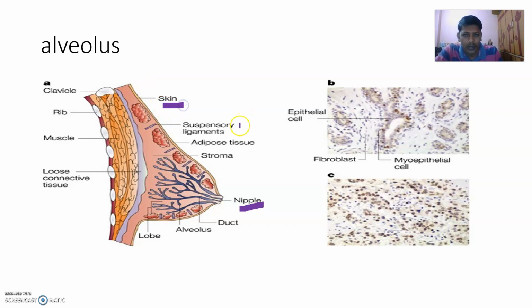Here is the skin, suspensory ligaments are present, and adipose tissue is present here. There is a stroma, and here there is a lobe, mammary lobes are present. It consists of mammary alveoli. Alveoli are the structures which store milk.